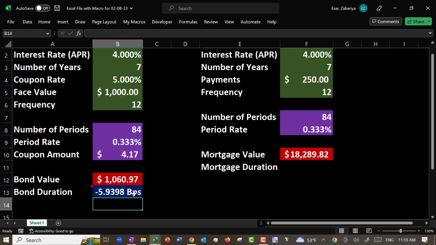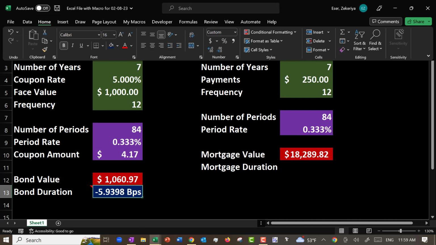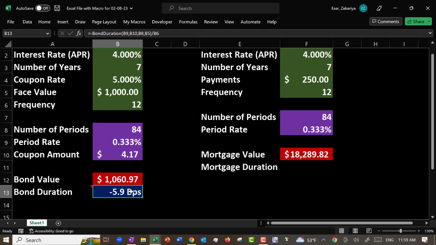Okay. I'm already expressing it as number of basis points. That's pretty much good enough for me.